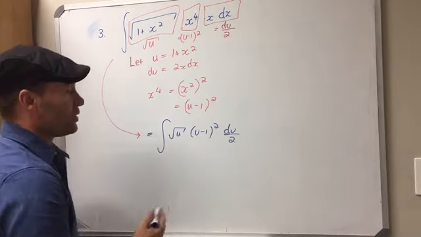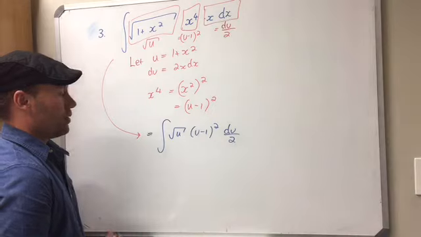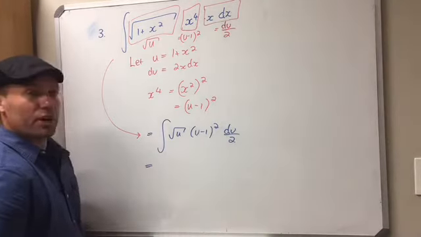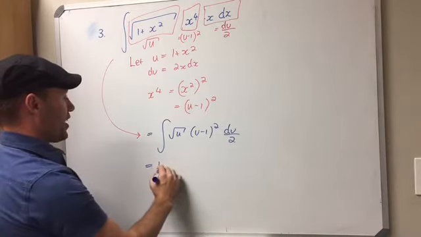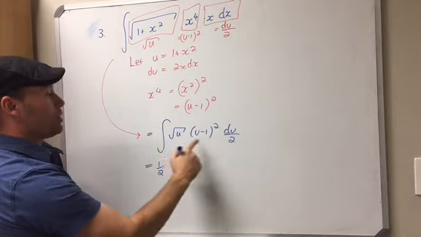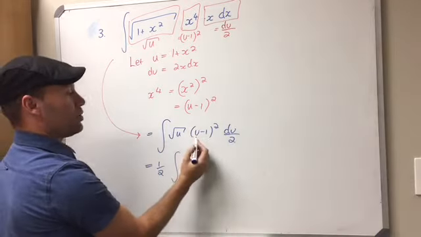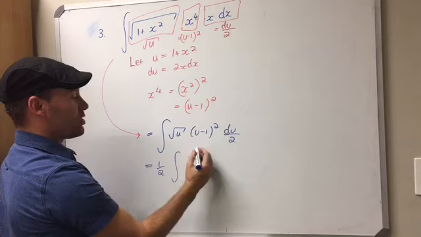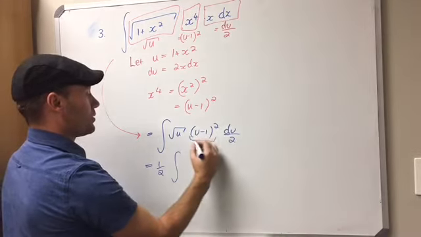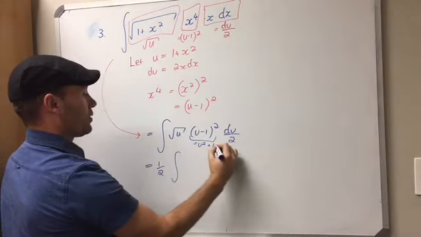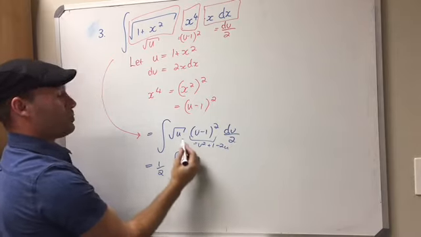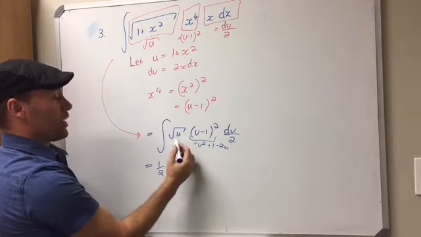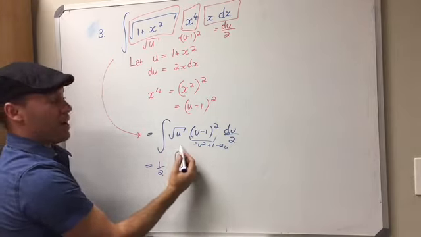Okay, this still needs a little bit of work, but we can do it. Let's take out the factor of a half and multiply through here. This is u squared plus 1 minus 2u. Multiply that with the factor of square root u, which is u to the power of a half.